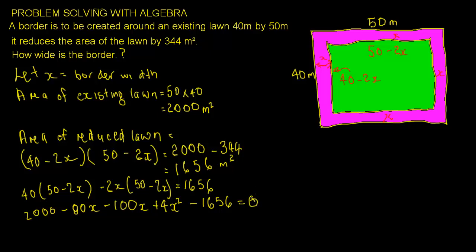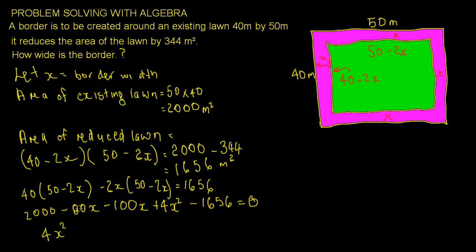Okay, now let's see what we've got there. We've got 2000 minus 1656, but let's just start with our highest power. So we've got 4x squared, so we'll put that down there, 4x squared.